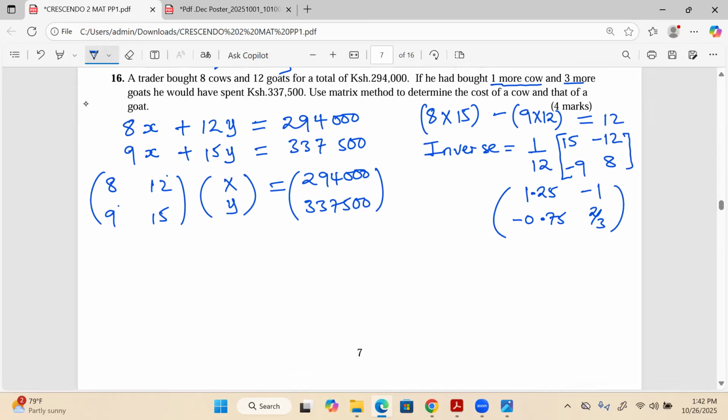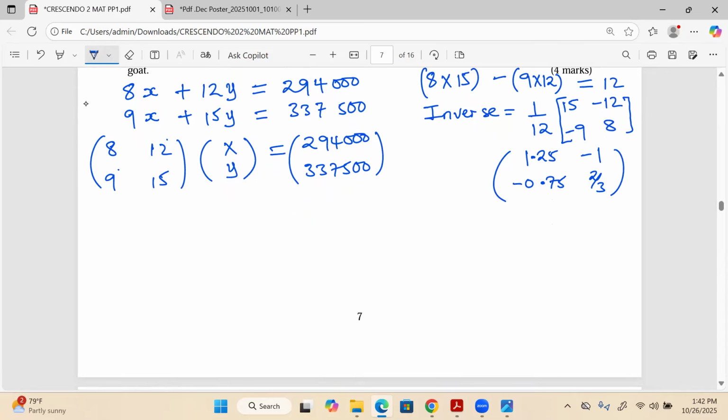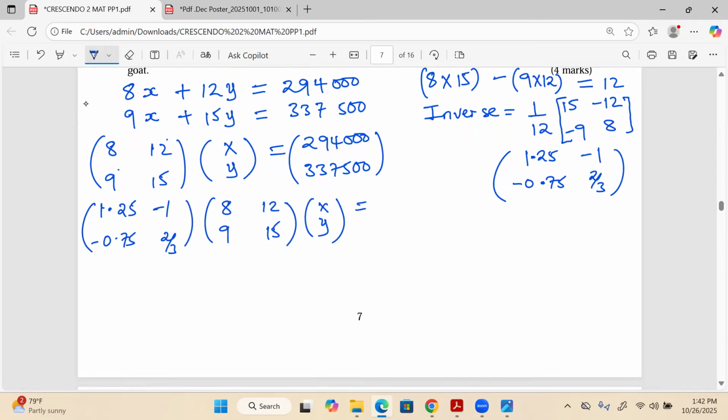That is now the inverse. So we pre-multiply both sides, whereby we start with 1.25, negative 1, negative 0.75, and 2/3. This multiplies 8, 12, 9, 15, then xy. This is equal to, again, 1.25, negative 1, negative 0.75, then 2/3.